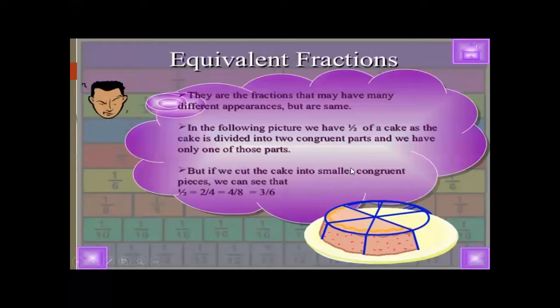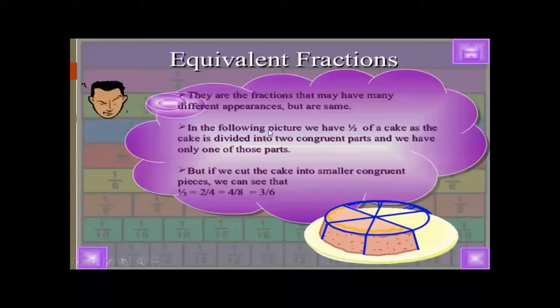What are equivalent fractions? They are fractions that may have many different appearances but are the same. It means that they have different appearances, but after cancellation they must be equal.